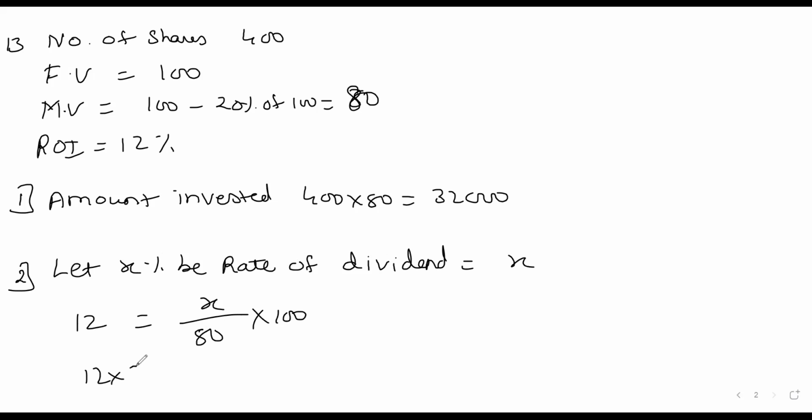So 12 into 80 upon 100 is equals to X. 9.6. So X is 9.6%. This is the rate of dividend. आप अगर देखोगे तो इन्हीं 3-4 चीजों के आसपास घूम रहा है वो सब. Face value, market value, return on investment, number of shares, rate of dividend.